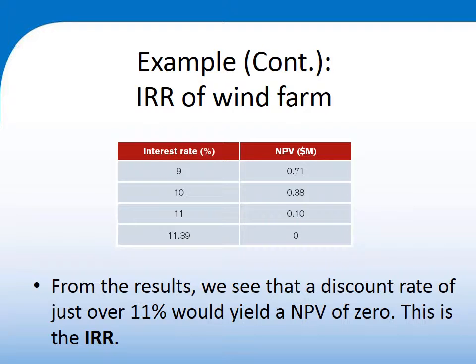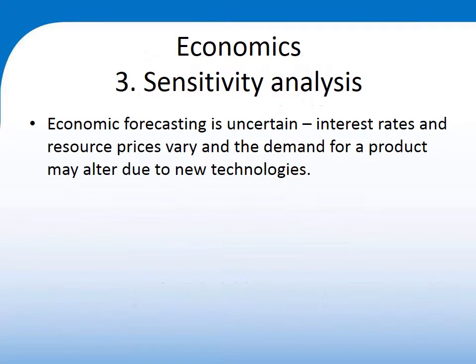Here are the IRR results showing that a discount rate of 11% would lead to a zero present value. These steps would assist with deciding the financial feasibility of the windmill design. This shows the many variables which make this a very complex decision.